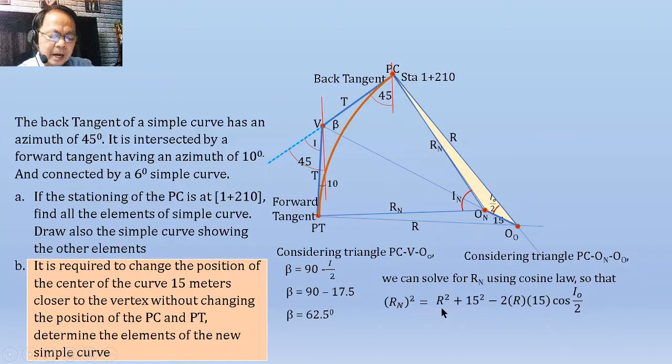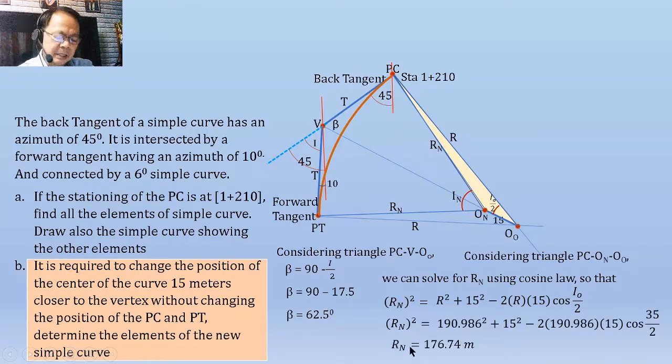If R and I sub O are substituted in the formula, we can compute for the value of R sub n. And R sub n now is equal to 176.74 meters.